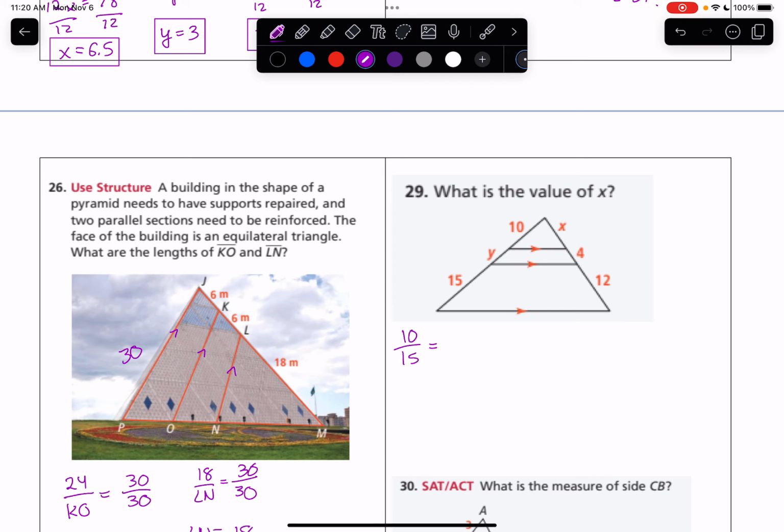And on the right, I can say x over 12, and that's completely allowed. We don't need our side lengths or our segments to be right next to each other in order to use the side splitter theorem. So we've got 15x equals 120. Divide both sides by 15, and we get x equals 8. So the value of x is 8.